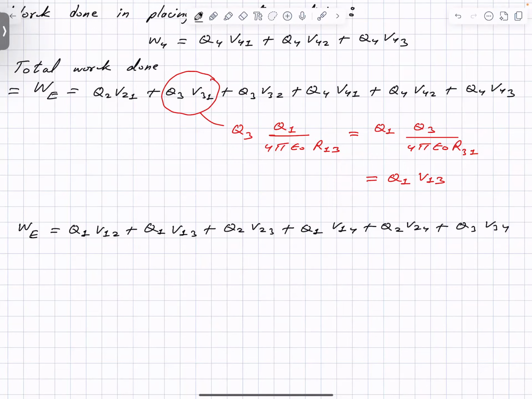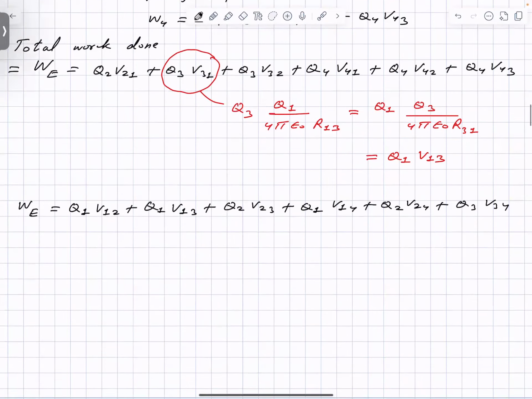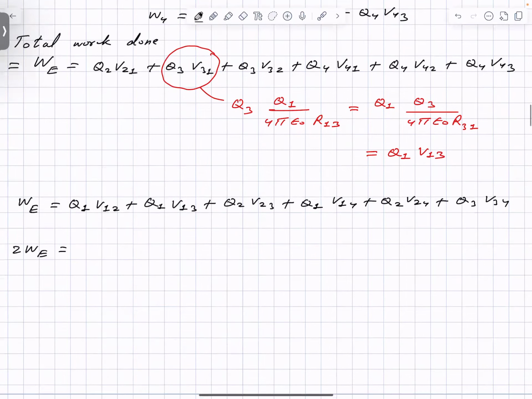What we did here is we wrote two equivalent expressions for the total work done in bringing all the charges. And now we are going to add the two expressions we have. So if we add the left-hand sides, we get twice WE. And if we add the right-hand side, we'll get terms like this.